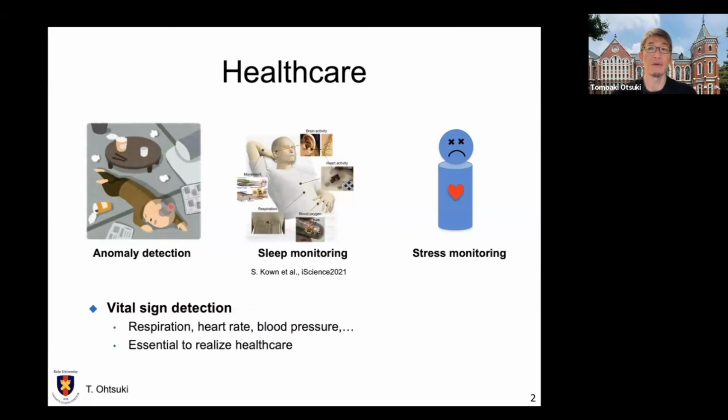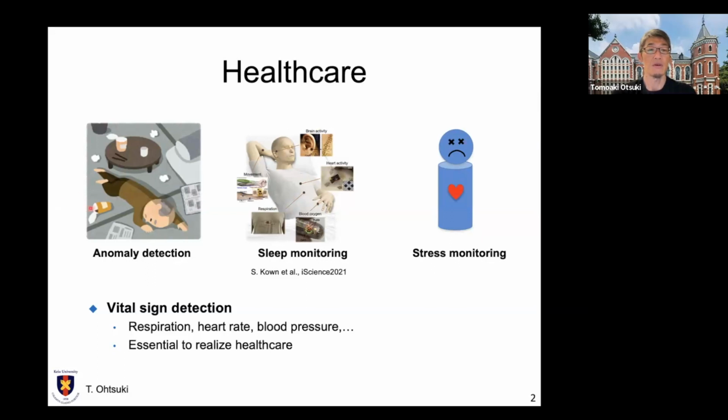Anomaly detection, for example fall detection, when people live alone, we want to detect those very serious issues. Then anomaly detection is important. Also, sleep monitoring to monitor the sleep state is important. And also stress monitoring during office work and studying at school or in daily life.